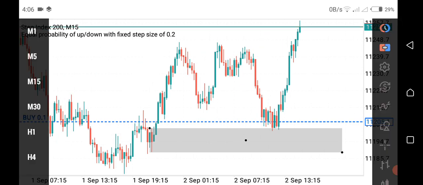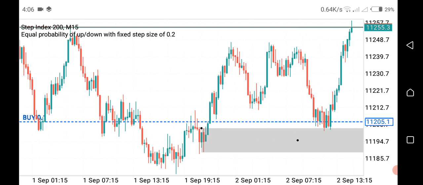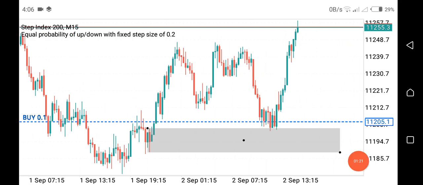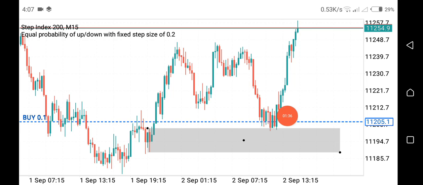Now let me show you the other confirmations first. First of all, the market tapped into the order block, right? Now I needed another confirmation. The psychological levels, we make it the third confirmation. So the first confirmation is that the market has tapped into the order block.